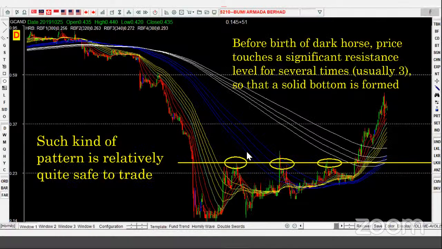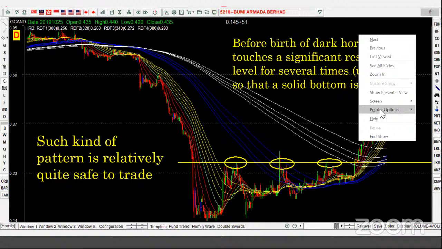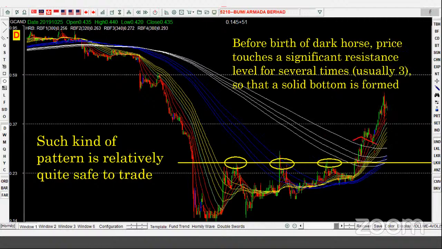For example, this is one share, one example to show you. The birth of the course happened here. After that, the price quickly goes up, drops a bit, and then begins to go up quite fast.